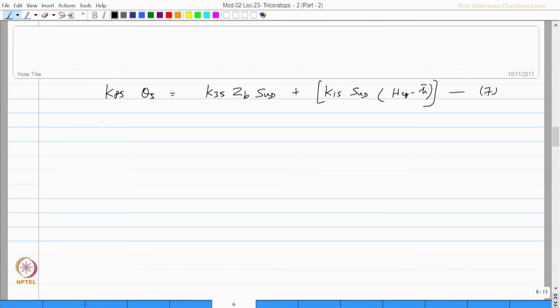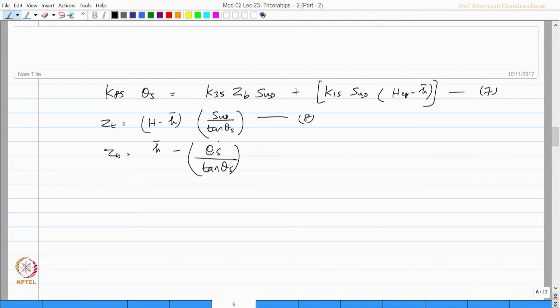So, now from this equation you can say Z top will be actually H minus H bar of SUD by tan theta phi, and Z bottom is H bar minus E phi by tan theta phi, which is equation 9, and theta 8 phi is actually tan inverse of Z top by P b by 3, which is one of the planned dimensions of the platform.